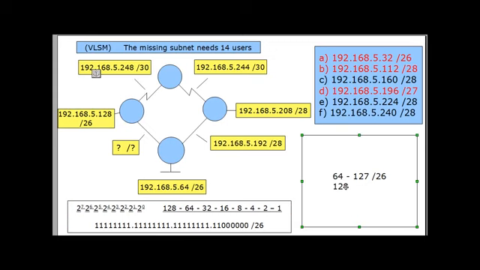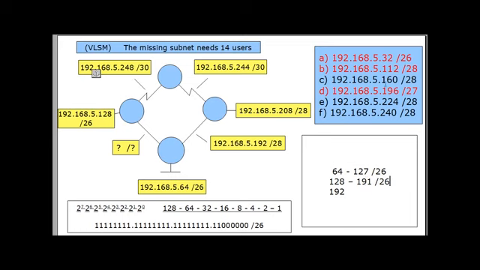So this network that starts at 128 goes to 191, because if I add 64, the next network is 192. So this /26 network goes from 128 to 191, all right?